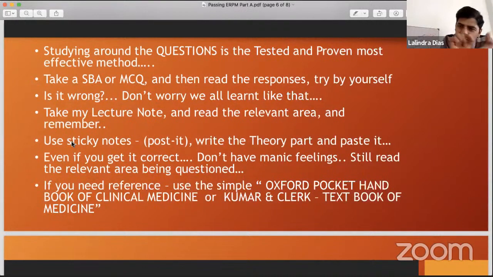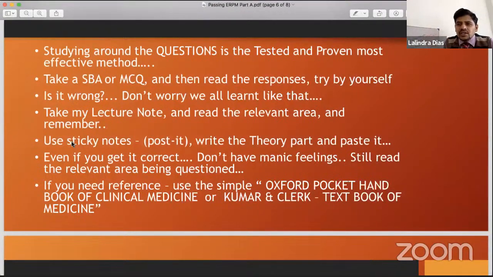In very small letters, you have written the clinical features of rheumatoid arthritis in point form. It's another very useful method: put these post-its on your lecture note with very important vital information. The theory part you write there and paste it.